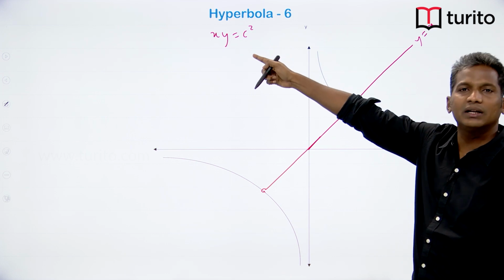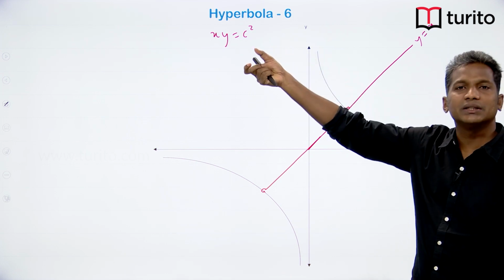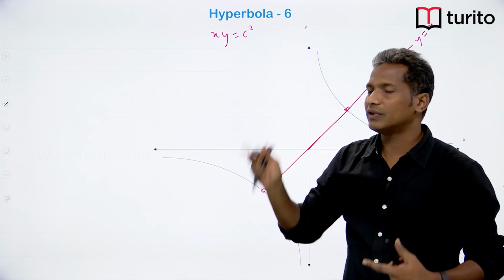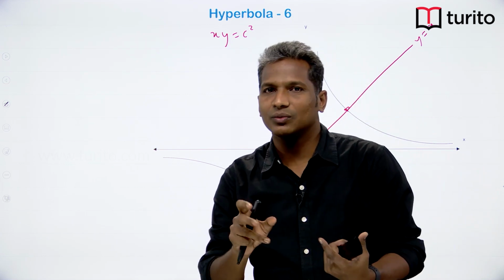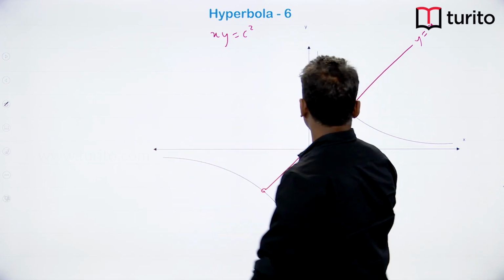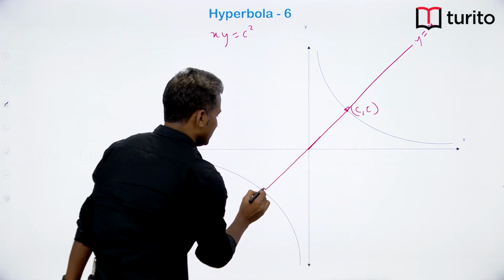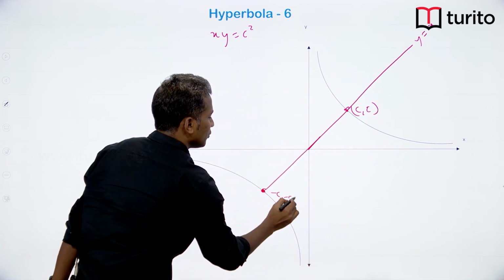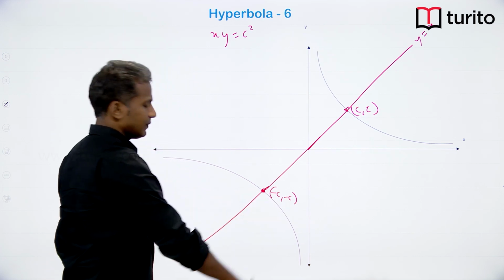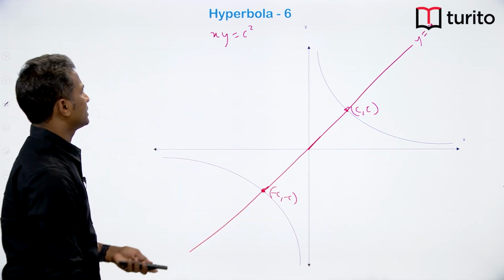So, we know that on this line y equal to x is always satisfied. So, if I put y equal to x, I will get x and y to be c and c. So, this point is going to be c comma c, and similarly this point is going to be minus c comma minus c. Okay. So, we got the vertices.